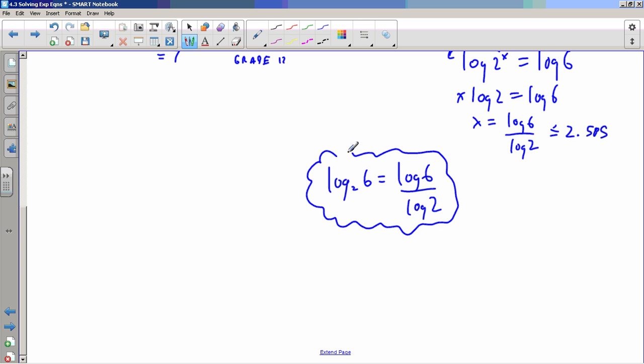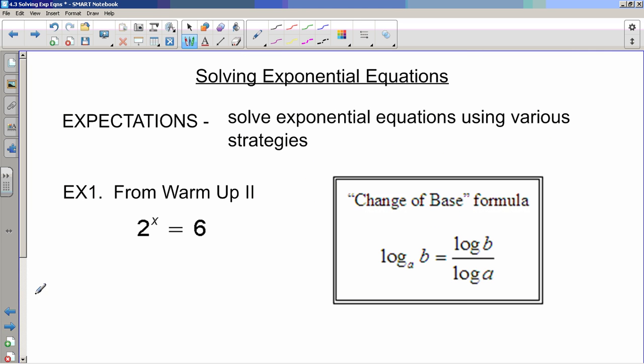Not with 6s and 2s, but with any base and anything, we can actually calculate this now. And that's where we started today's lesson with what's called the change of base formula. If I had the log base a of something, it's the log of the something over the log of the base. Notice the log of the base goes on the bottom.